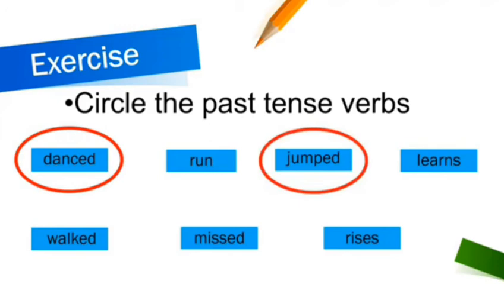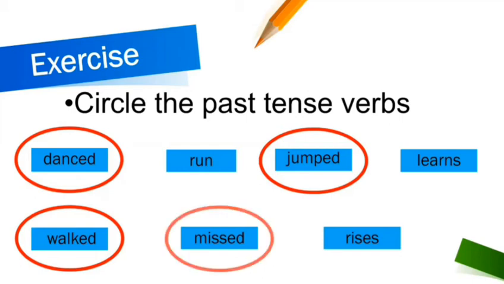No, because s is added to present tense verbs. What about the next word, walked? Yes, it is in the past tense. What about the next word, missed? Yes, it is also a past tense verb. What about rises? No, it is not.